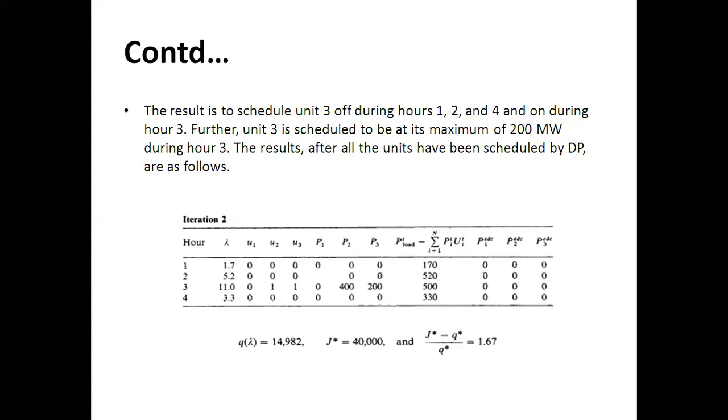In order to calculate the q lambda, we concentrate on the first hour, where no unit is committed, the second hour, no unit is committed. At the third hour, units 2 and 3 are committed, and in the fourth hour, no unit is committed. So only at hour 3, units 2 and 3 are committed.